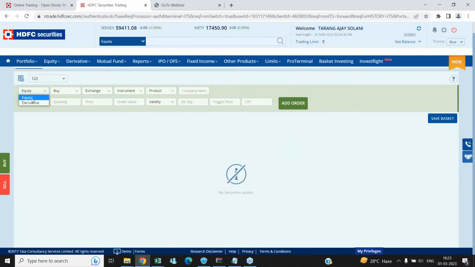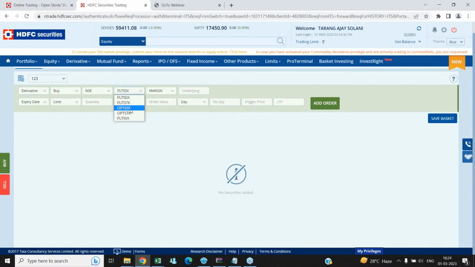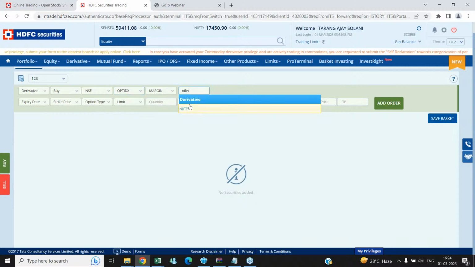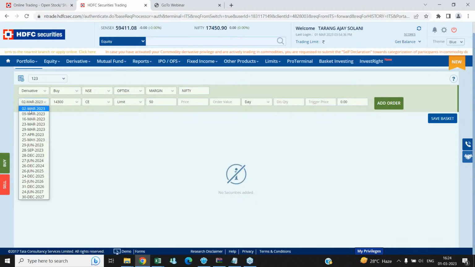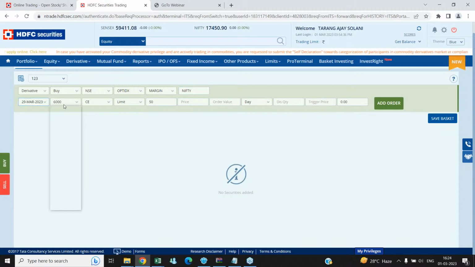So here I will first select, suppose I want to initiate a strategy wherein I want to buy the 17,500 call option and simultaneously sell the 17,600 call option of monthly expiry. So how can I do it in one single order window? Here you need to select option index under Nifty, select 29th March, 17,500 call option.